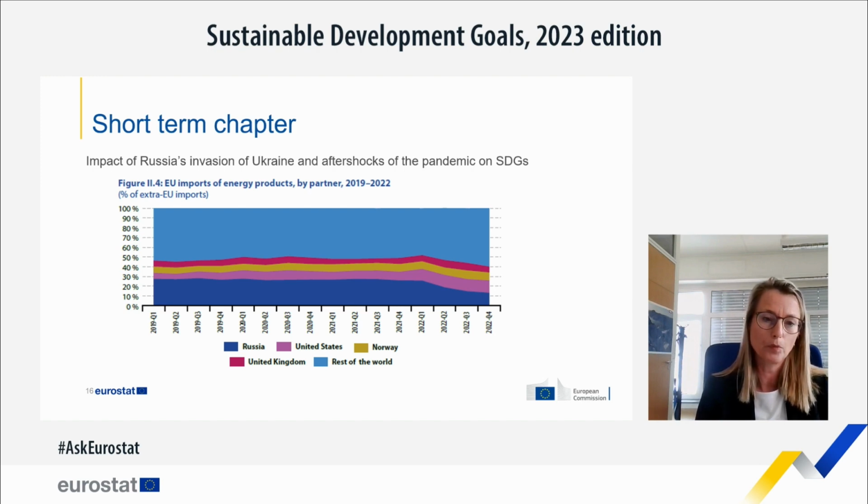So, for example, the import of energy products. In 2021, half of the energy demand was covered by imports in the EU, and Russia was the most important supplier of oil and natural gas. And in 2022, Russia's share in the imports fell from 26% to 13%. So this was the impact of the sanctions, and that we tried to become less dependent on Russia.